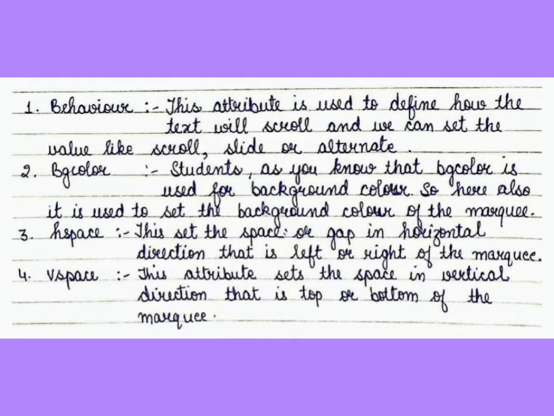Number 1. Behavior. This attribute is used to define how the text will scroll, and we can set the value like scroll, slide or alternate. Number 2.